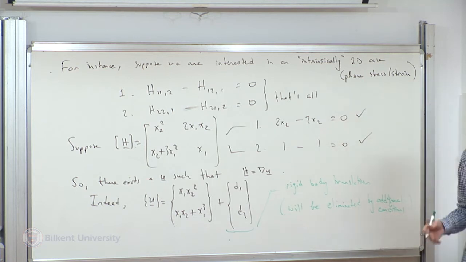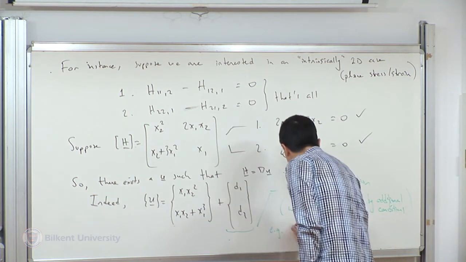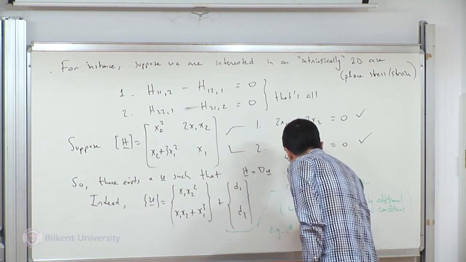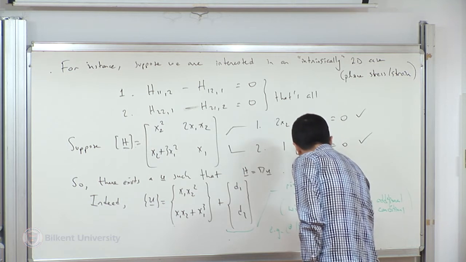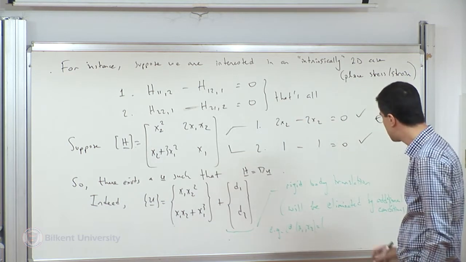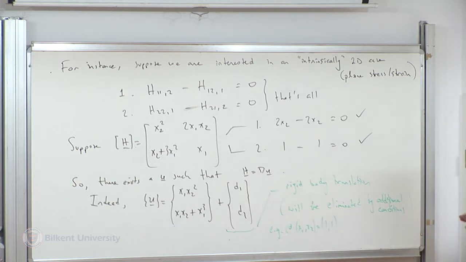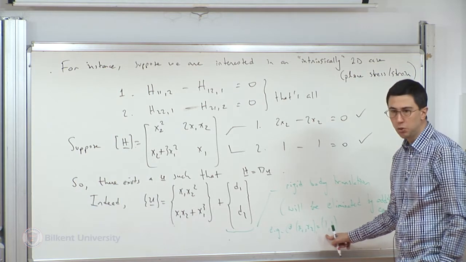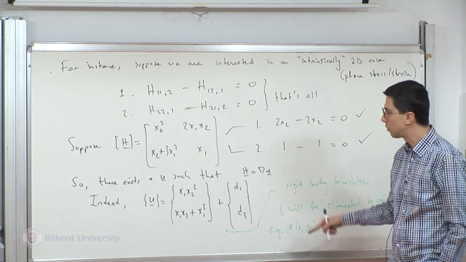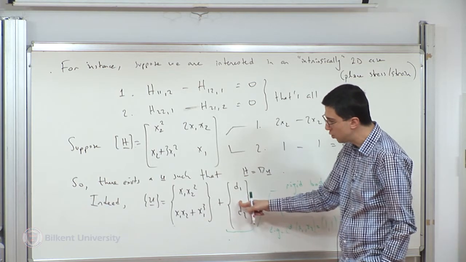For instance, your problem might require that at a certain point, x1, x2 equals, let's say, 1, 1, u is equal to 0. So this is the displacement gradient field, and this is the solution, let's say, u.